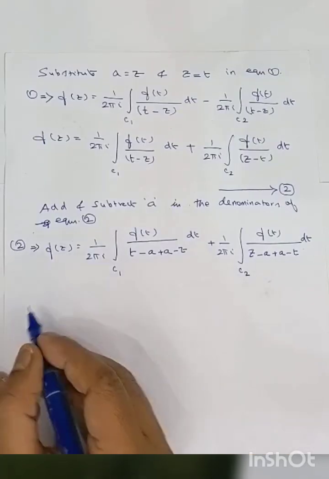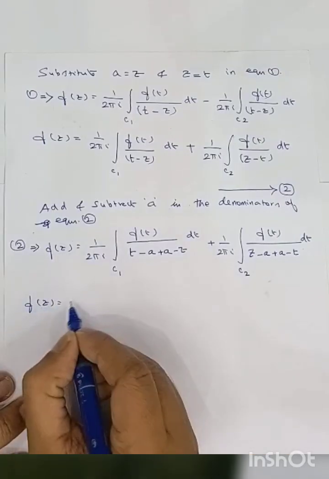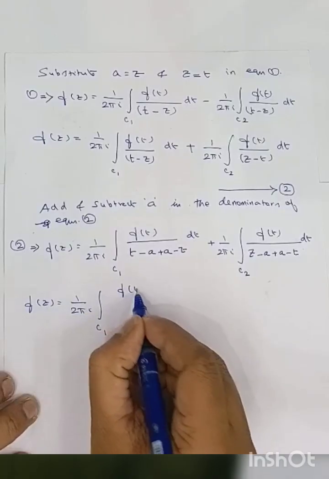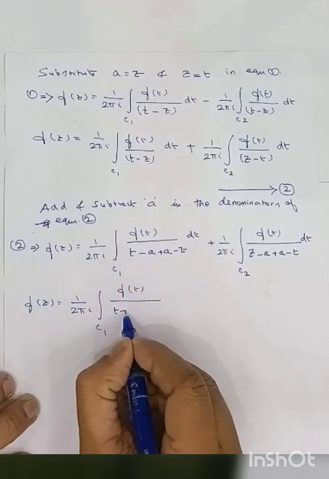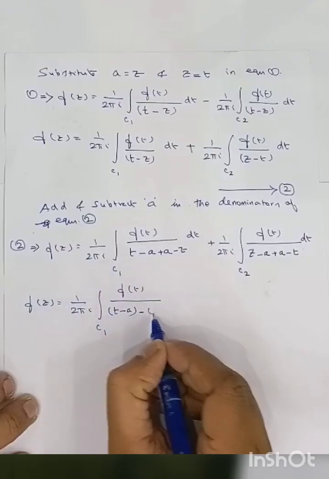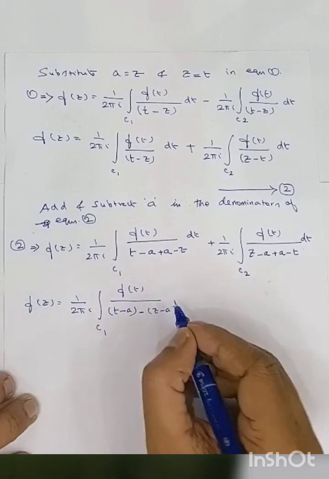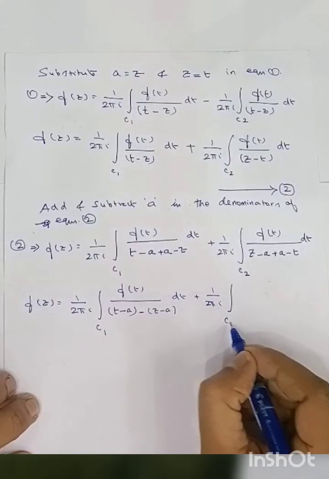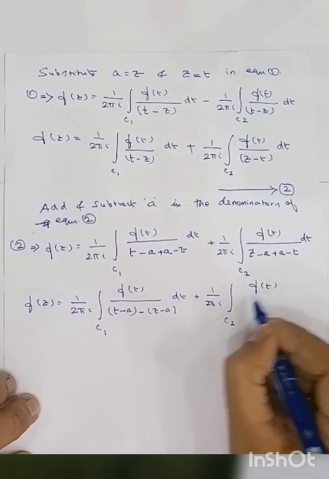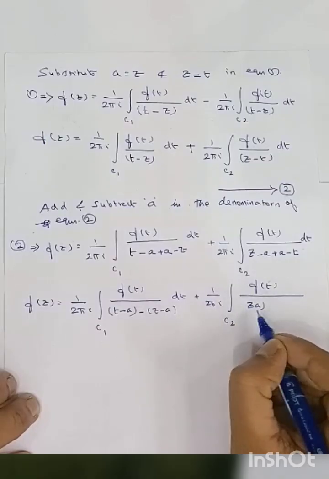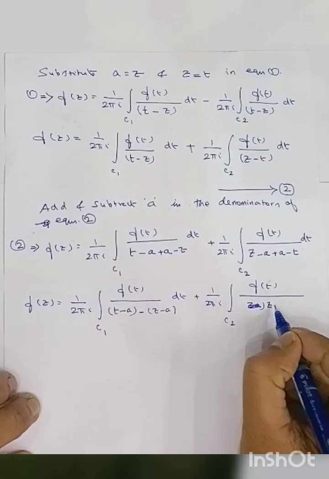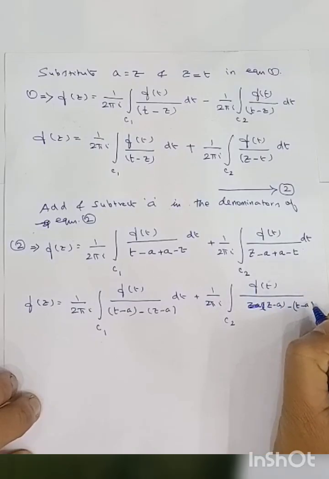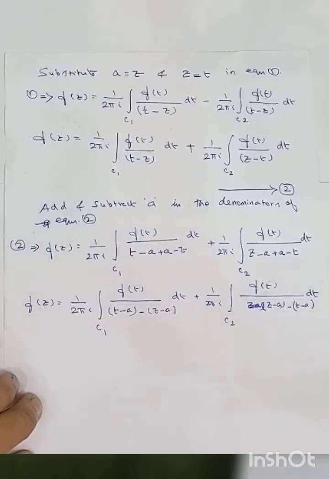Now I will separate this. f of z is equal to 1 by 2 pi i integration of C1 f of t divided by, to separate it, t minus a minus z minus a into dt, plus 1 by 2 pi i integration of C2 f of t divided by z minus a minus t minus a into dt.